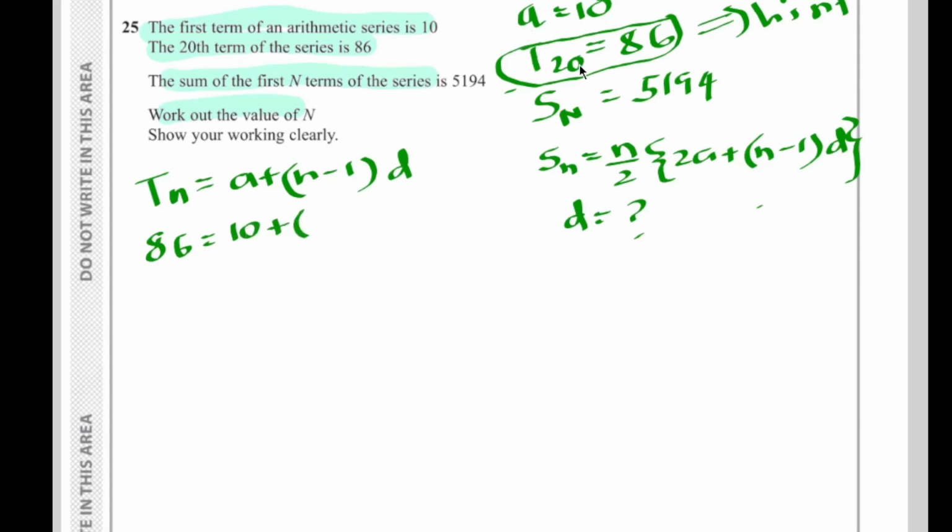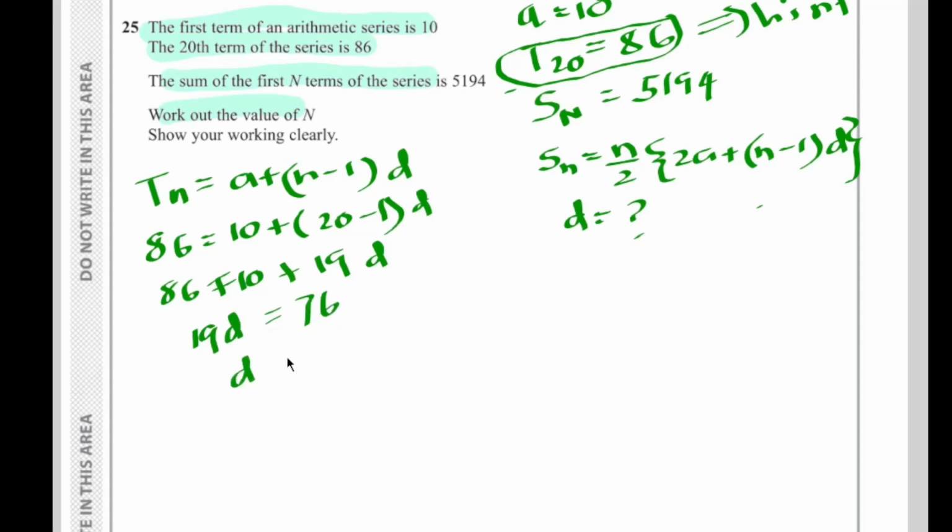I know that this is 20th term, therefore n equals 20, 20 minus 1 times d. Now let's simplify. 86 equals 10 plus 20 minus 1, which is 19, d. So then 19d equals 76, then d equals 4. So we have d now.